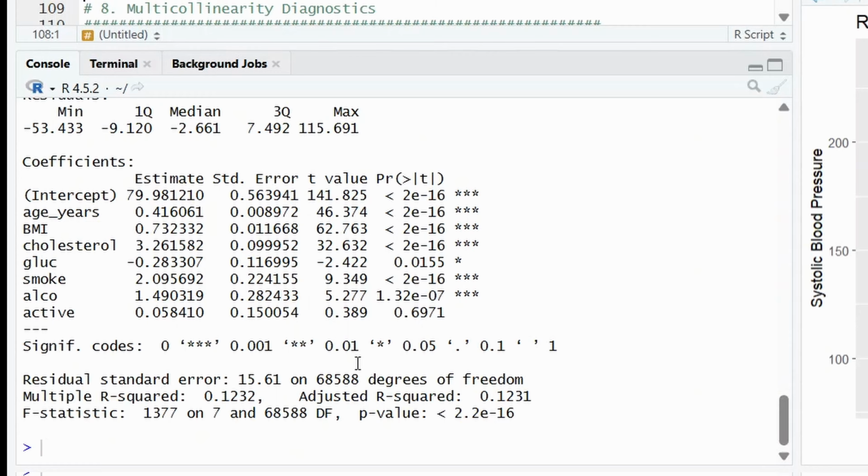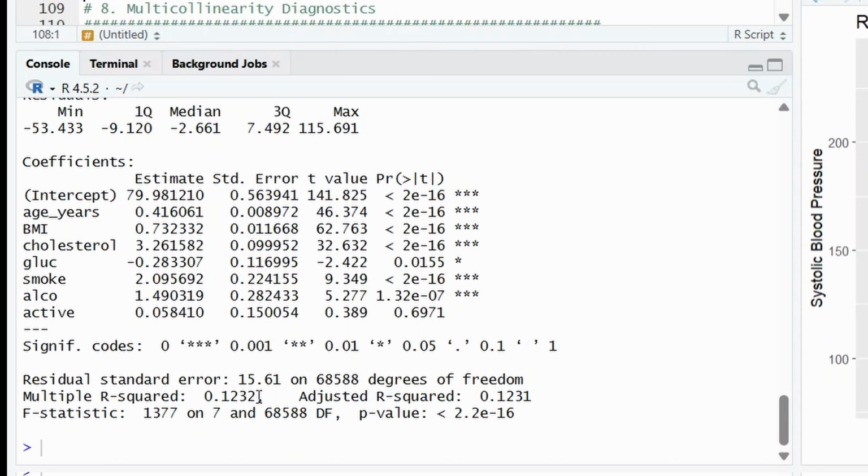Finally, looking at overall model fit, the residual standard error is about 15.6, which tells us the average difference between observed and predicted blood pressure. The R squared is 0.123, meaning our model explains roughly 12% of the variability in systolic blood pressure.